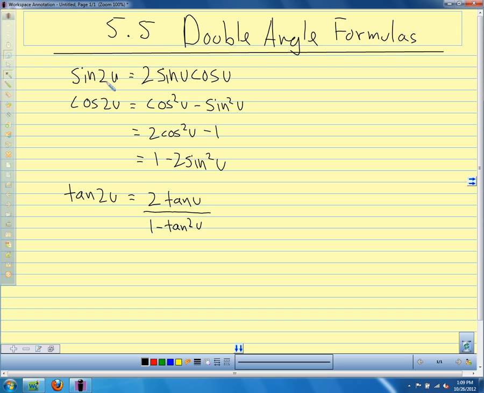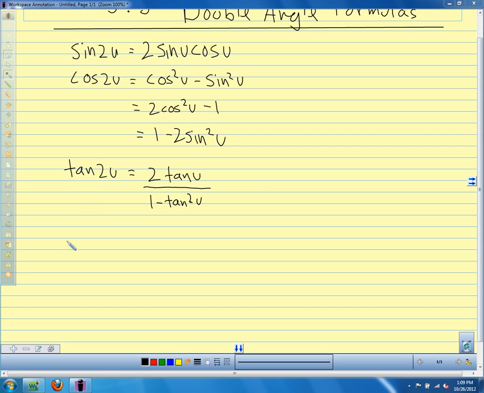So let's take a look at where a couple of these come from, and then we'll do some examples. So let's look at the formula for the sine of 2u. We already have a sum formula.